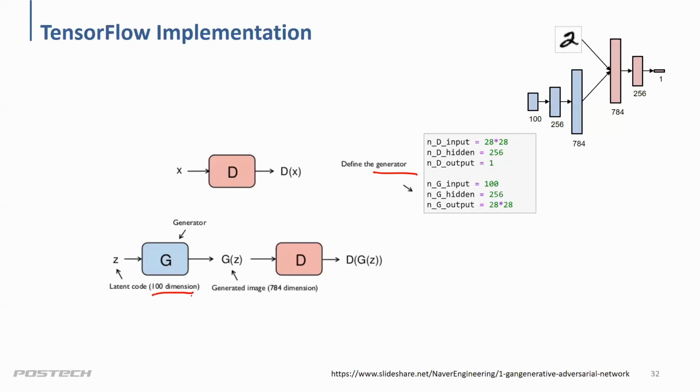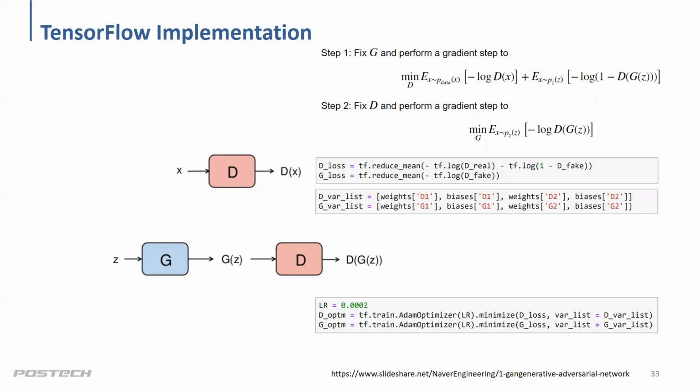So again, it's 100 dimensions and 784 images. Now we need to define the loss functions for the discriminator and generator at the same time. Then after that, we need to apply gradient descent to optimize it.